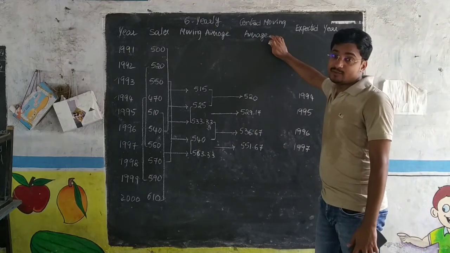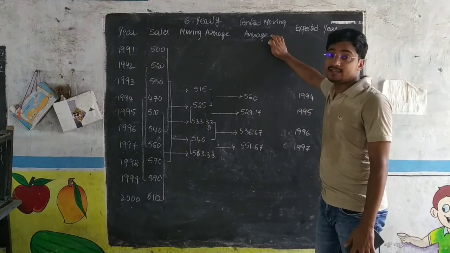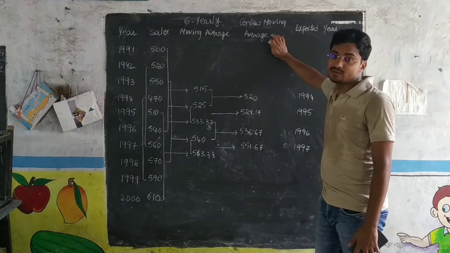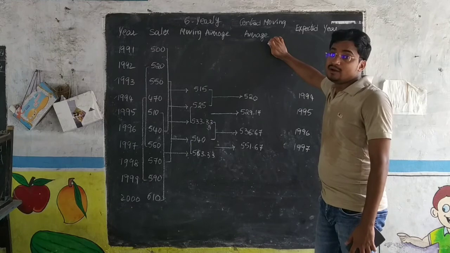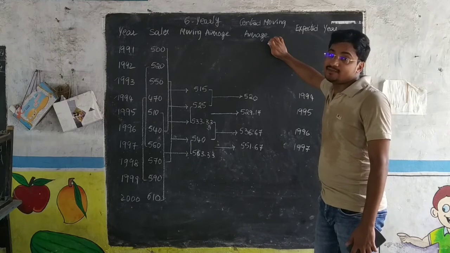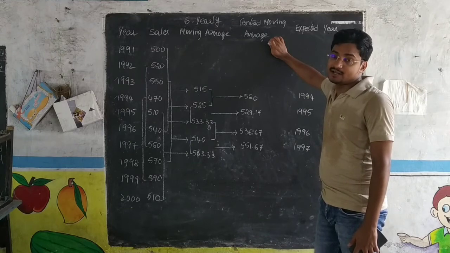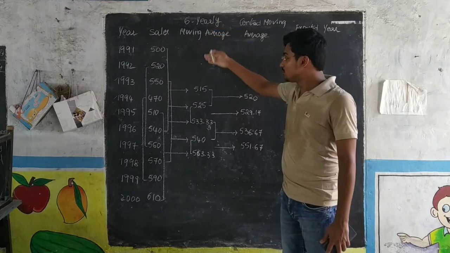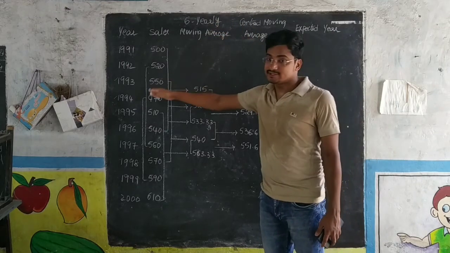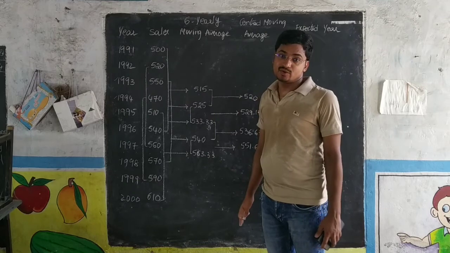This column will only appear in even yearly moving average, not in odd yearly moving average, because even yearly moving average trend values do not coincide with years.